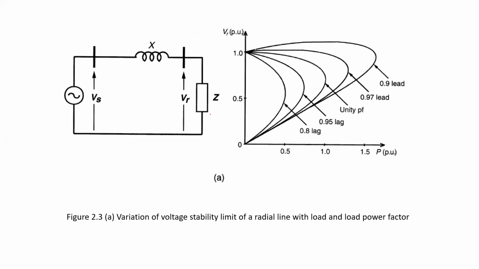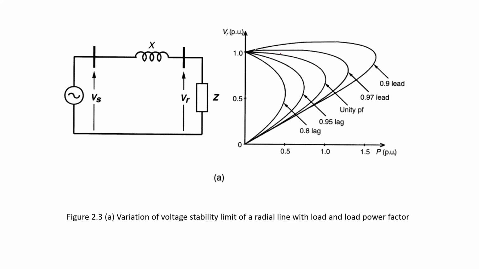The load is connected at the second end with the transmission line, the reactance of the transmission line X. Here, the voltage versus power plot says that if the power factor is low, it means that there is a deficit of reactive power. There is a deficit of reactive power. Here, the deficit of reactive power is less, but at the unity power factor, there is no deficit or no surplus of reactive power.